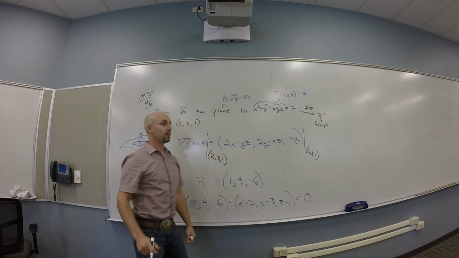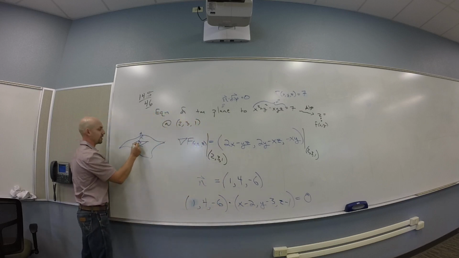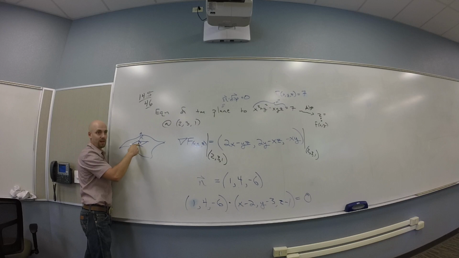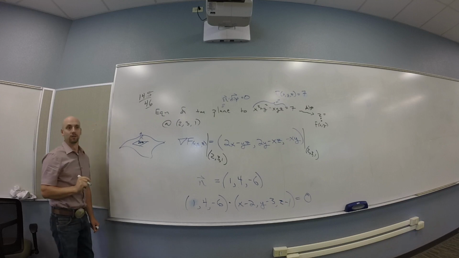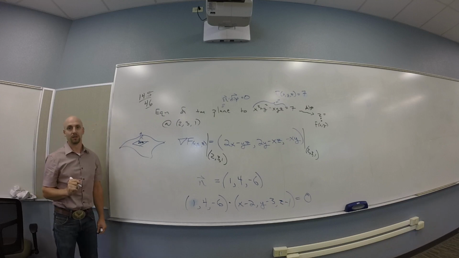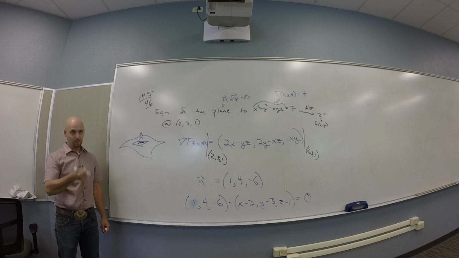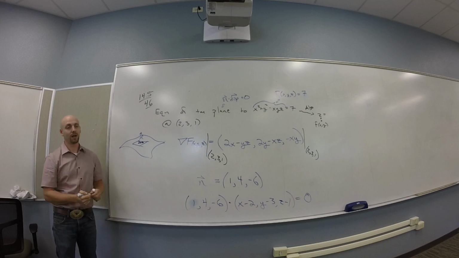So that's me taking my point 2, 3, 1 in my plane and some other point someplace, and saying the vector that goes from 2, 3, 1 to that other place has to be perpendicular to the normal vector. You guys see that? That's what the normal vector means in terms of a plane. It's the vector that's perpendicular to everything in that plane. You guys cool with it?